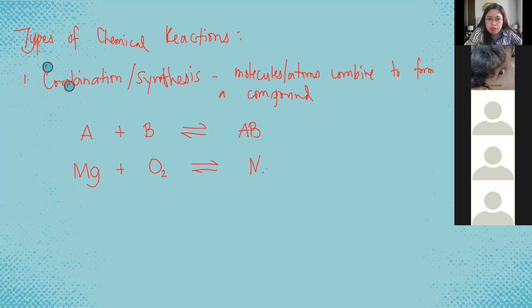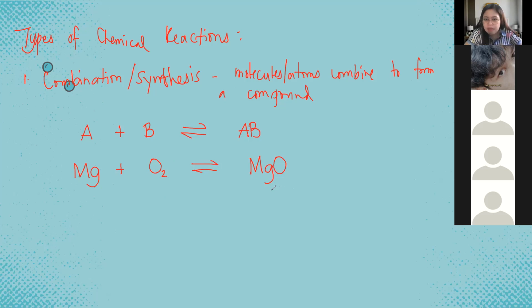That is what we call magnesium oxide. So this is a combination or synthesis reaction because we are combining 2 elements here to form a compound.